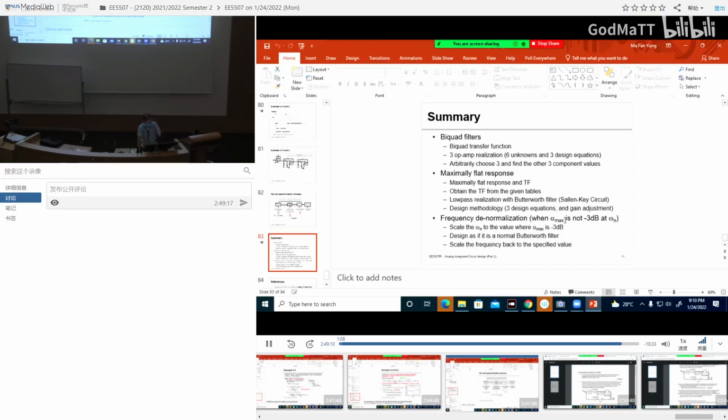Because at minus 3 dB it is Butterworth, but if it's not, let's say the passband edge is only at minus 0.5 dB, then we have to use the maximally flat equation to derive the filter order, and then do the frequency substitution trick to get to the Butterworth transfer function. Then design it using the Butterworth filter tables, and scale the frequency back to the specified value.